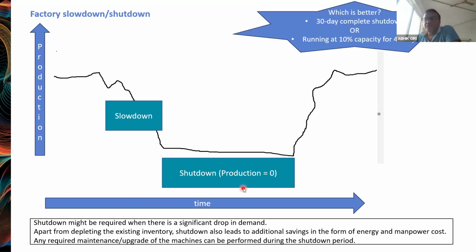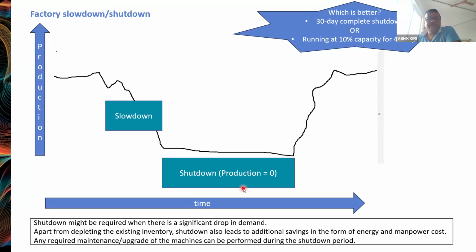There would also be fixed costs of operating the machines. When there's a complete shutdown, you don't incur those additional fixed costs. So in those situations it is better to go for a complete shutdown instead of running the factory at a very low capacity for certain days.